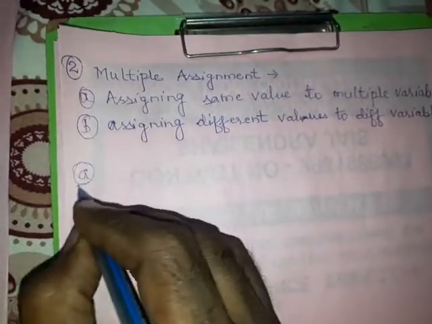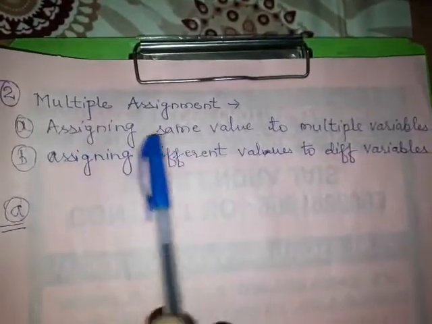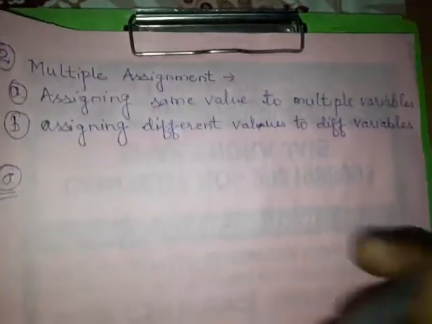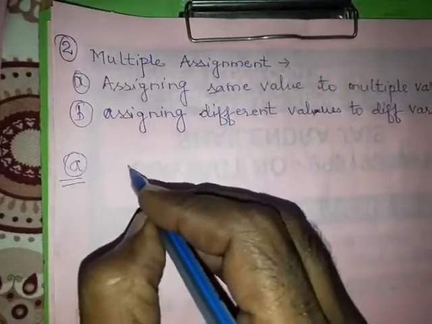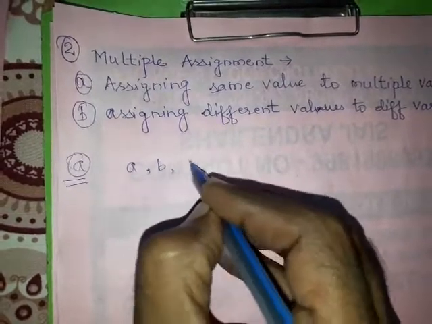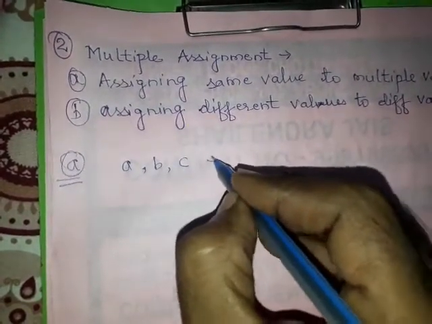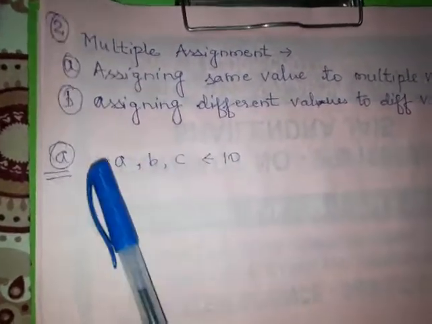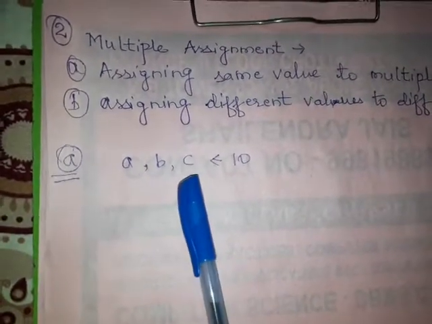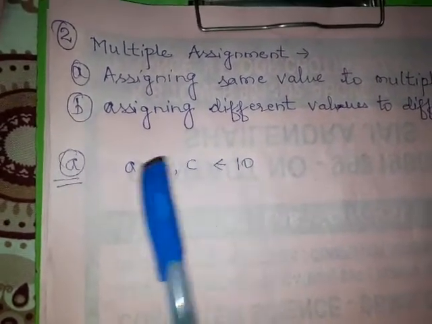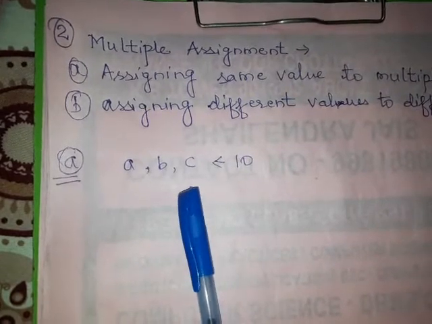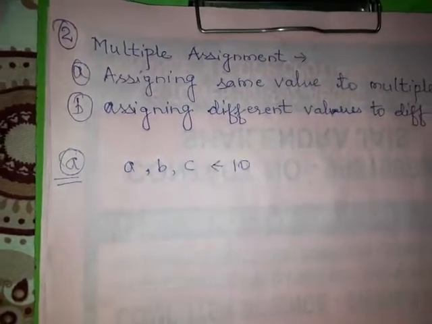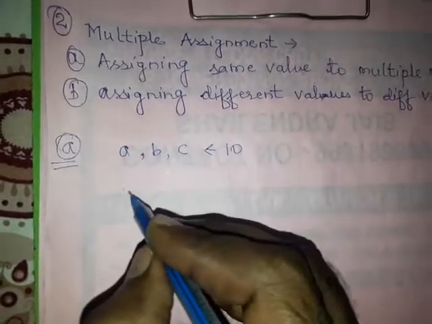First case A. It means assigning same value to multiple variables. Suppose I have variables A, B, C, and I want to assign them a value such as 10. So what will I write in Python to assign this single value to these multiple variables?